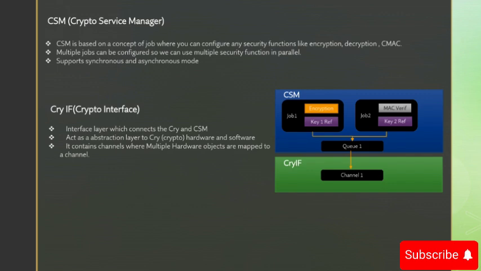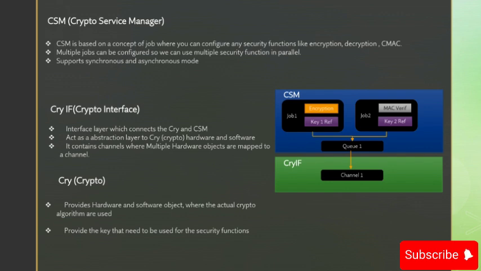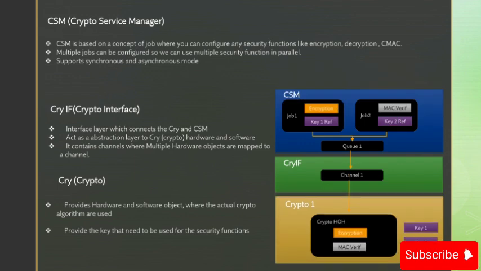Let's see about the crypto driver object, which is nothing but Cry. It provides hardware and software objects where the actual crypto algorithms are used, and it provides the keys that can be used for the security functions. As you can see in the image, from the CSM, the job will be processed and sent to the queue, and it comes to the channel of the CryIF and reaches the crypto hardware object.